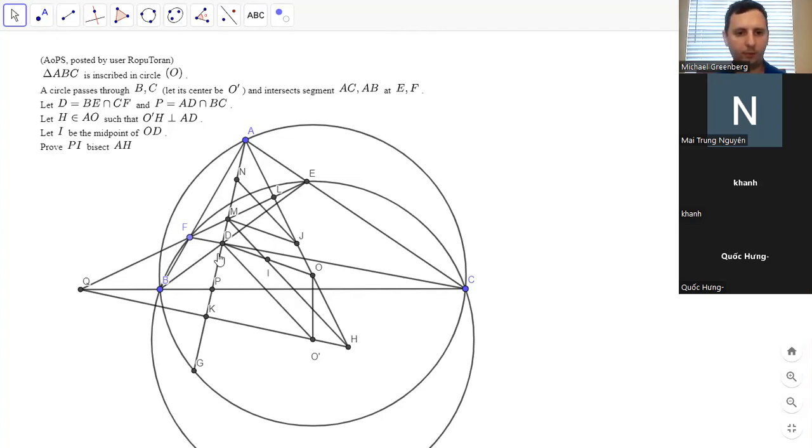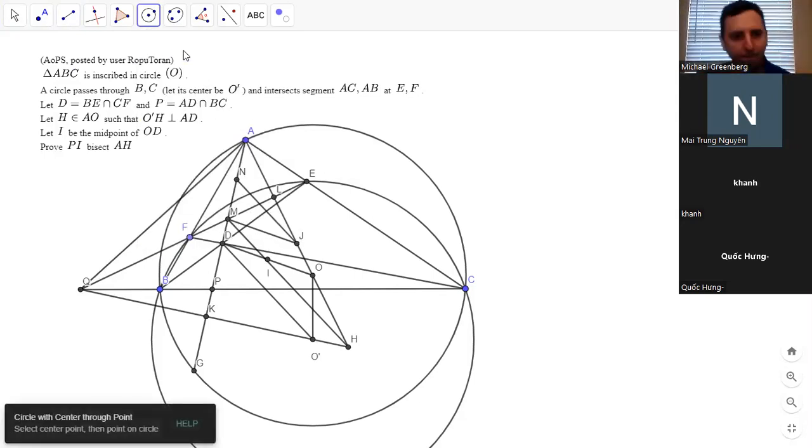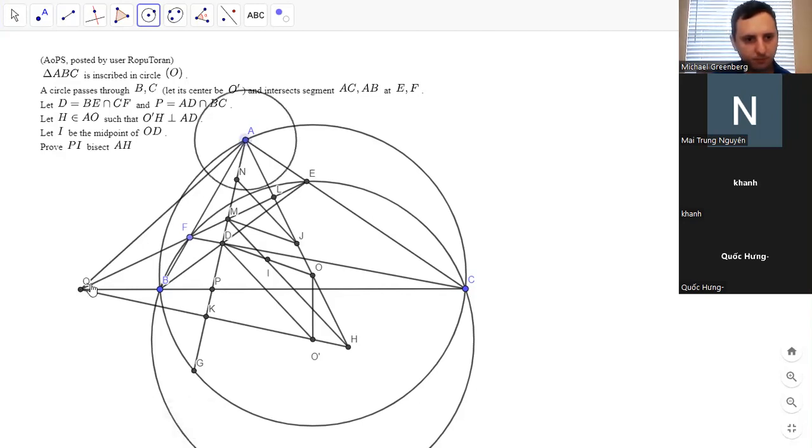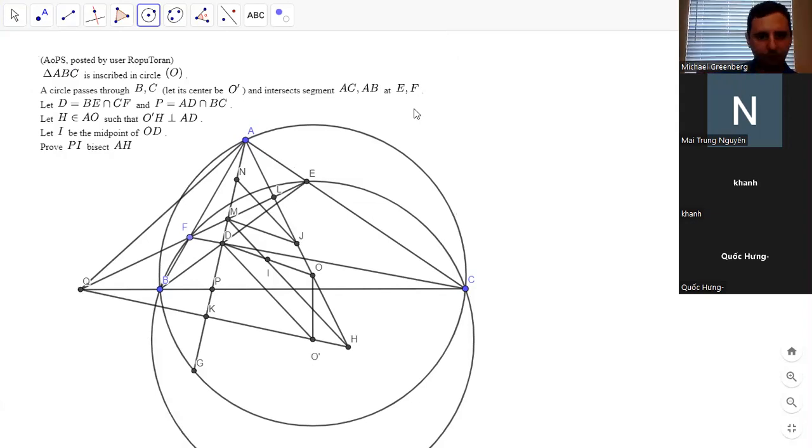So OD prime is perpendicular to AQ. And I think we could also try to show that HM is perpendicular to AQ. So I wonder if AHQ is isosceles, actually. No, it's not. But is M the orthocenter of AHQ? I think so, right?